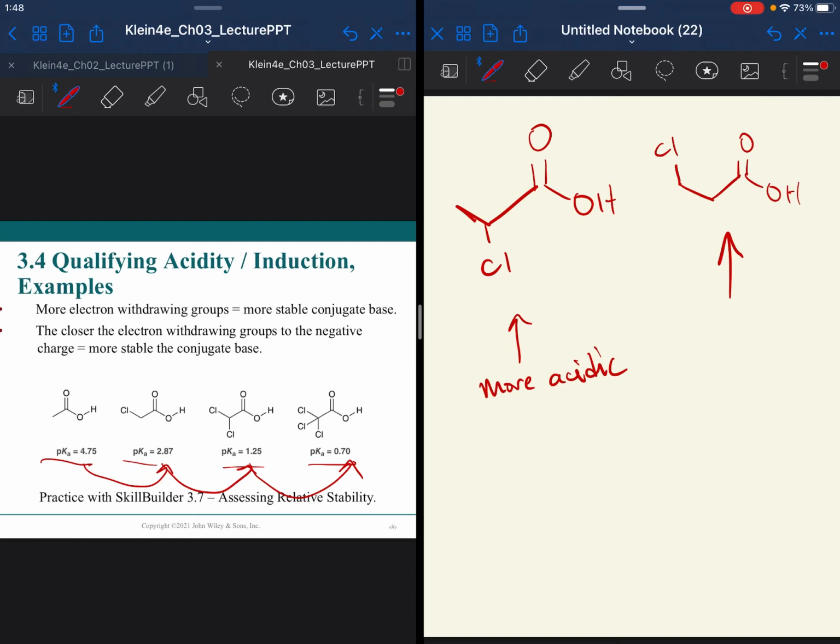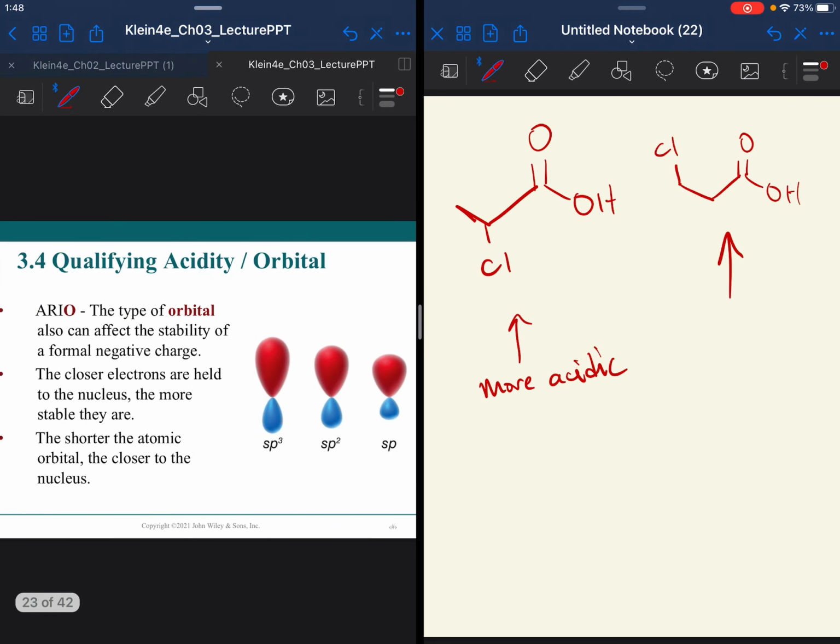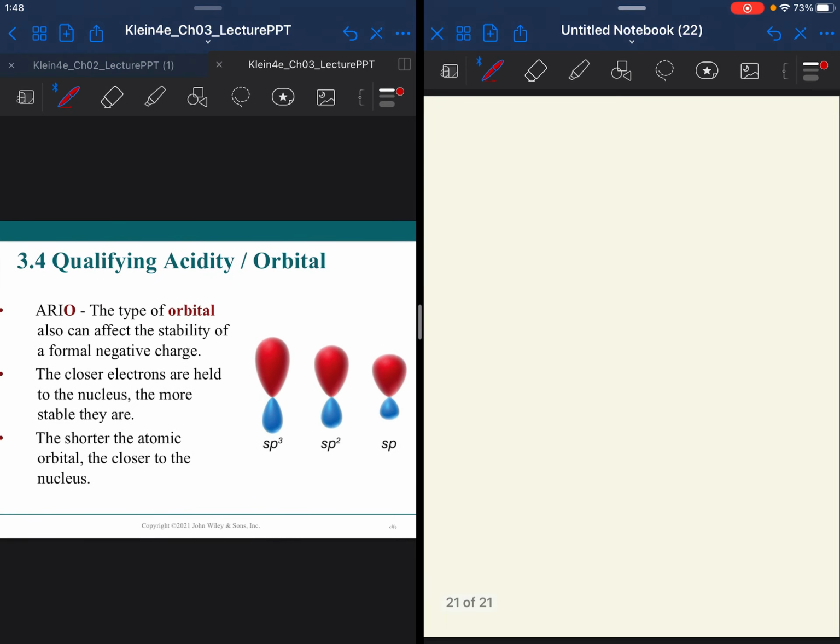Now, those are the 3 rules that you are going to use most frequently as you're working through Chapter 3. Atom, resonance, inductive effect. But there is one last one we need to talk about, and that is orbital.